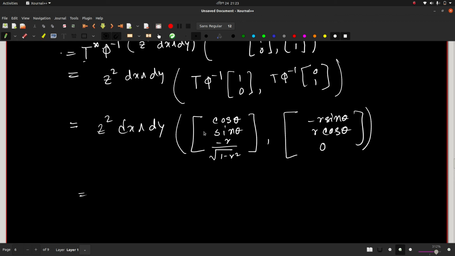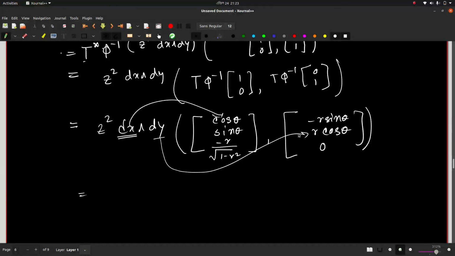Now it's pretty simple. You have 2 vectors, you have 2 forms. You just take for dx, this will just eat the first quantity over here, dy will eat the second quantity over here, right? That's what you think, but this is actually a determinant. So the determinant will only consist of these 2 parts because there is no third form over here like dz. If it had a dz, it would be a 3 by 3 thing.